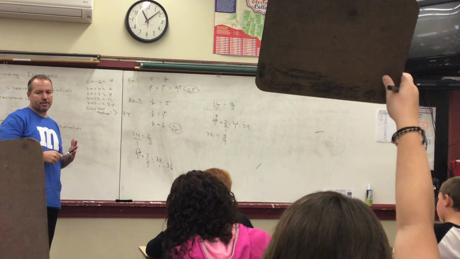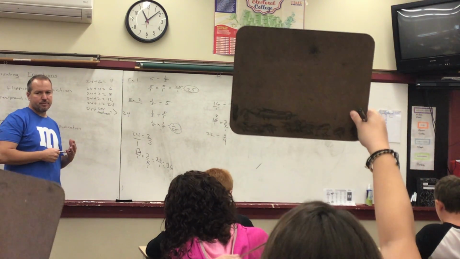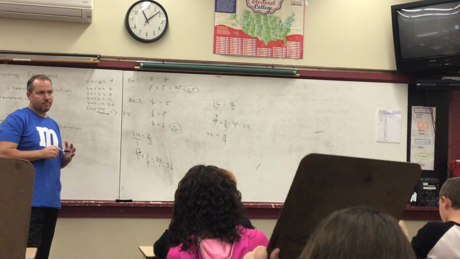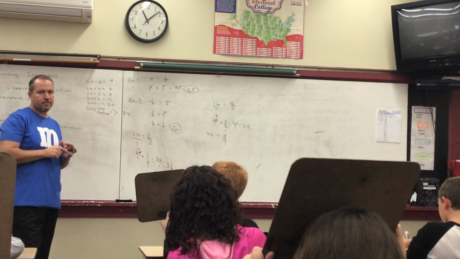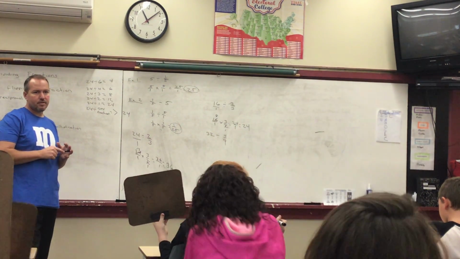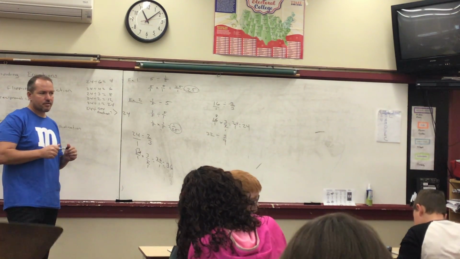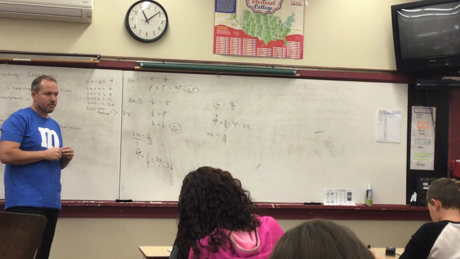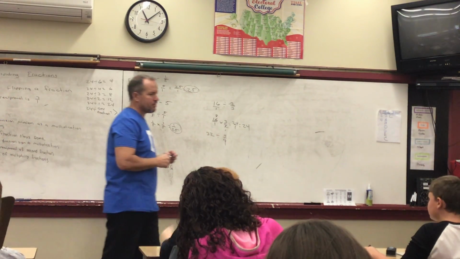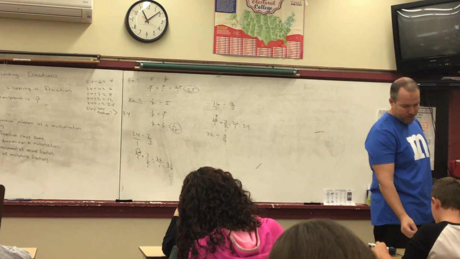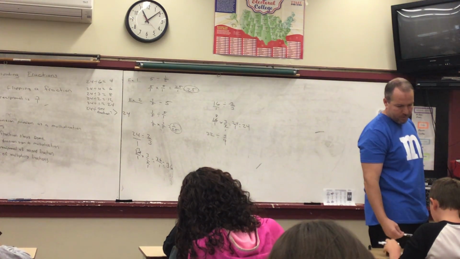Write the reciprocal of the second fraction. What can you divide 4 and 32 both by? You can divide them by 2, but you can also divide them both by what?